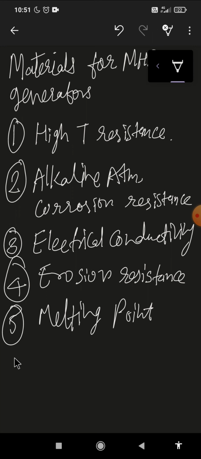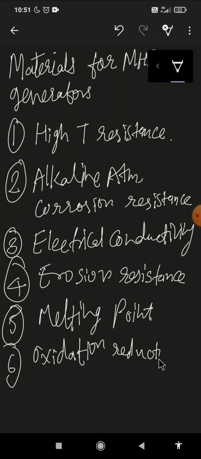Then sixth is oxidation reduction resistance. As we know, there may be a possibility of oxidation and reduction, meaning oxygen and hydrogen, so the material should be inactive towards oxidation and reduction. And seventh is its density, so it should be denser.